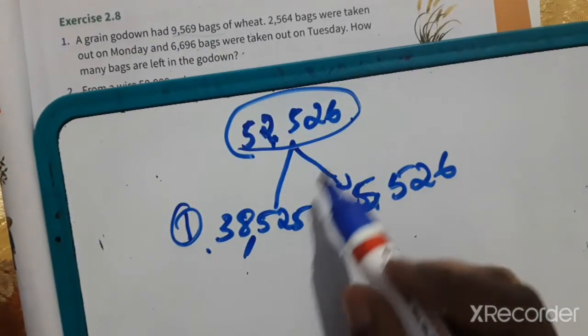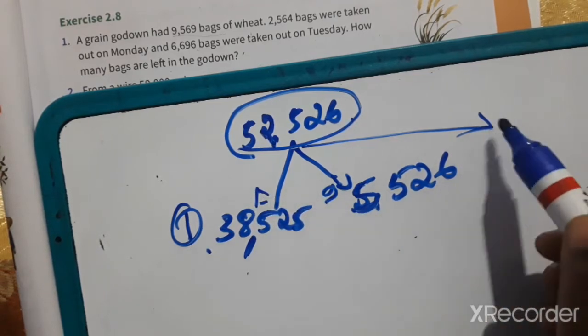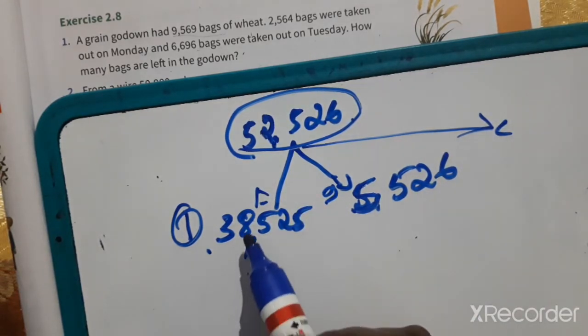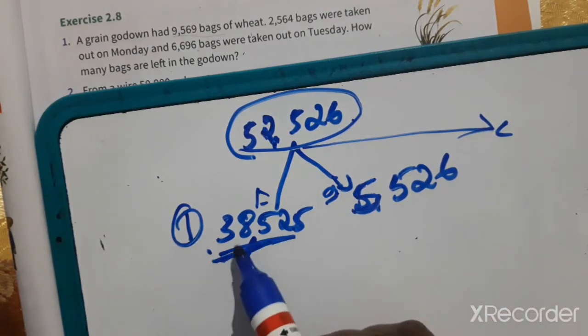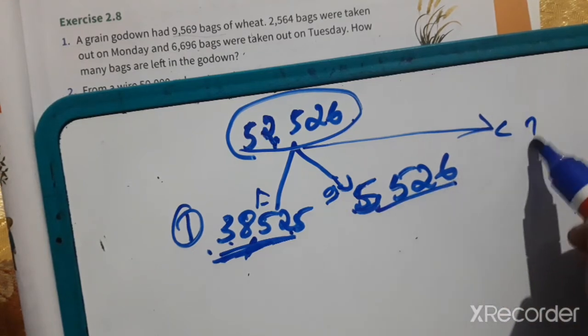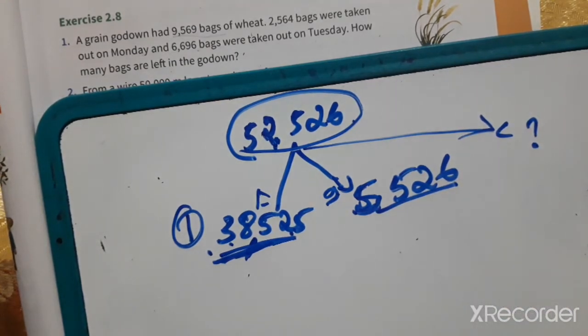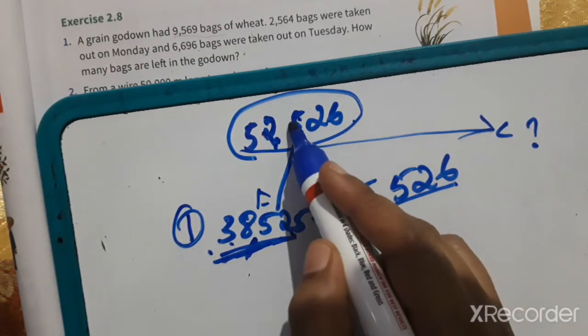So here 3 candidates are A, B, C. First candidate got 38,525. Second candidate 5,526. We have to find how many votes for candidate C. So here we have to add these two and minus with this.